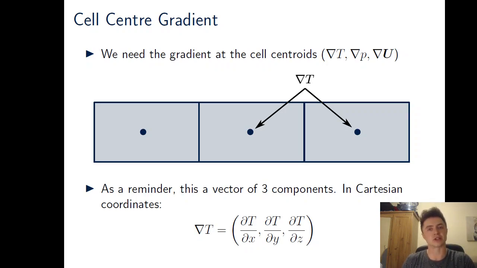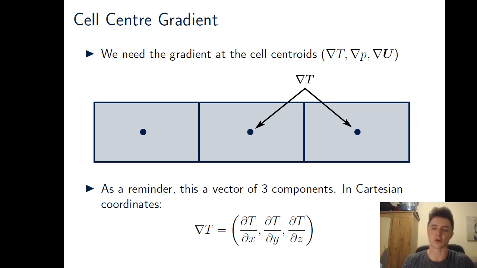And just a reminder for how we denote the gradient in vector formation. So in example 1, we can see that the gradient of temperature has 3 components in a Cartesian system. And they're the derivative of temperature in the x direction, the y direction, and the z direction. And we could choose any coordinate system we wanted, but it's common in CFD codes to use a Cartesian system with x, y, and z. So for a scalar field, temperature or pressure, or one of the components of velocity, the gradient has 3 components.